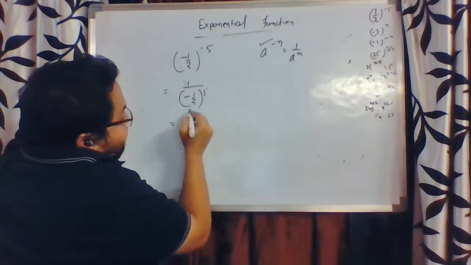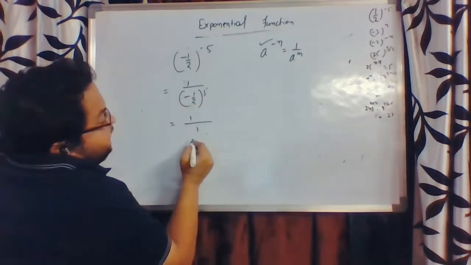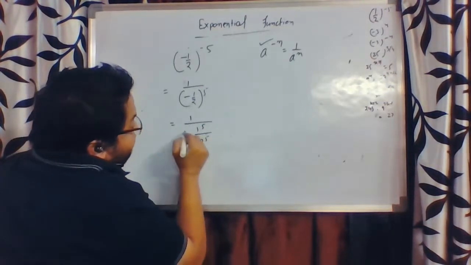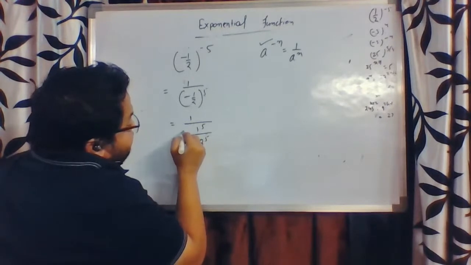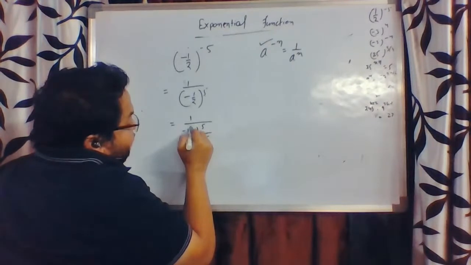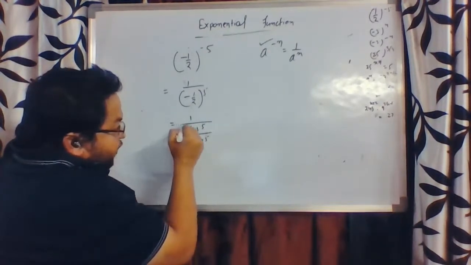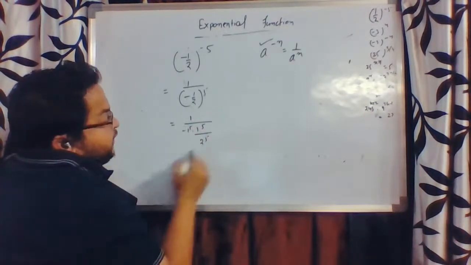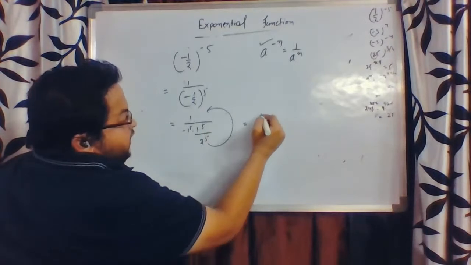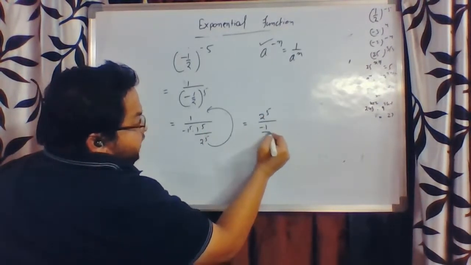If you see here, this portion can be written as 1 to the power 5 by 2 to the power 5, and we have a negative here, so that is minus 1 to the power 5. Now, since this is in the denominator, it goes to the numerator, and it yields 2 to the power 5 by minus 1 divided by 1.